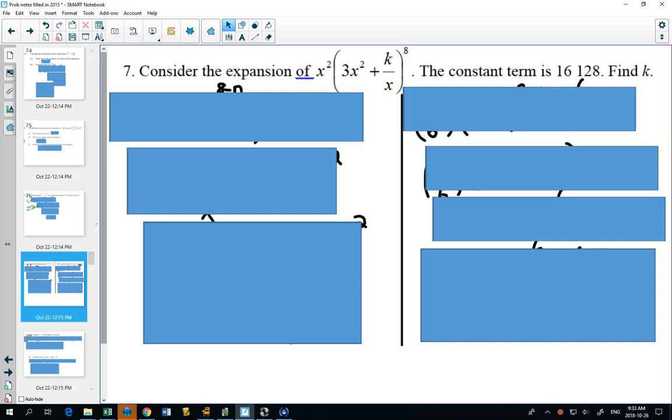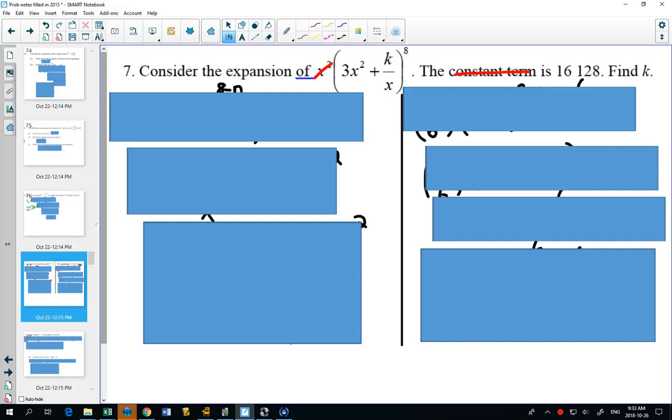So how does that affect our equation? If we ignored the x to the minus 2, how would the question change? If I took out the x to the minus 2, it would no longer be the constant term. Which term would we be looking for? So that's what the first thinking thing has to have.